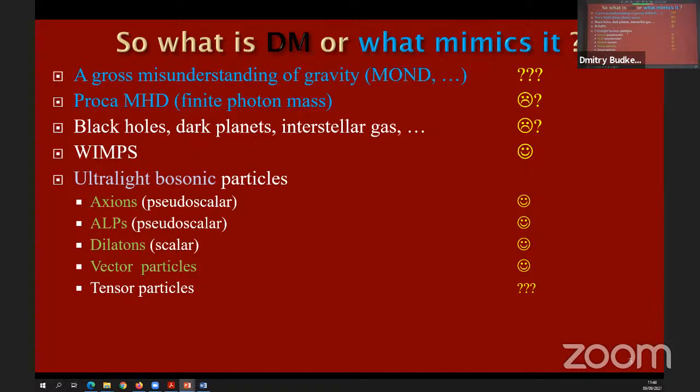So for instance, axions that we mentioned many times are spin 0 particles with odd intrinsic parity. And the special thing about axions is that they solve the strong CP problem. Okay, so they will kill at least 2 birds or be 2 elephants at the same time if you want.